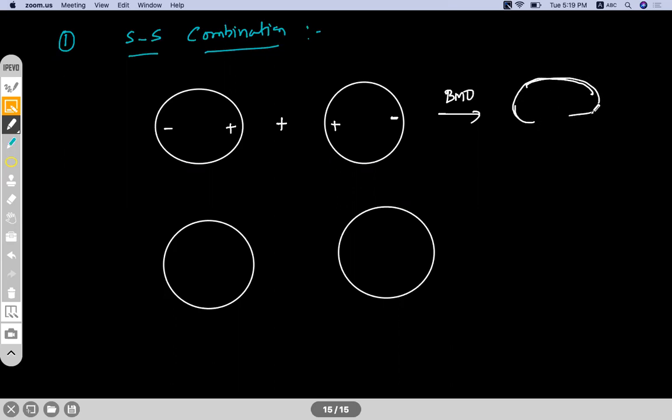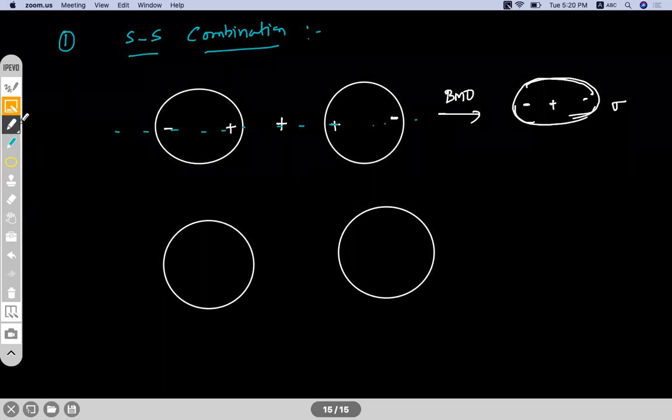It is a sigma bond because the combination takes place along the internuclear axis.